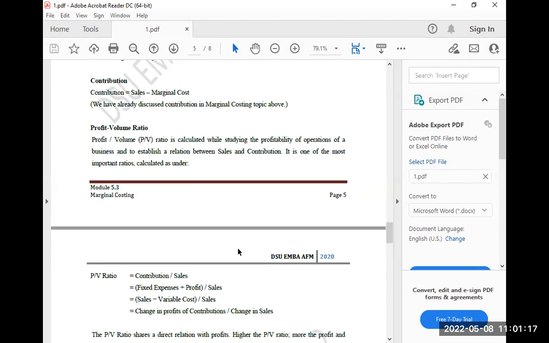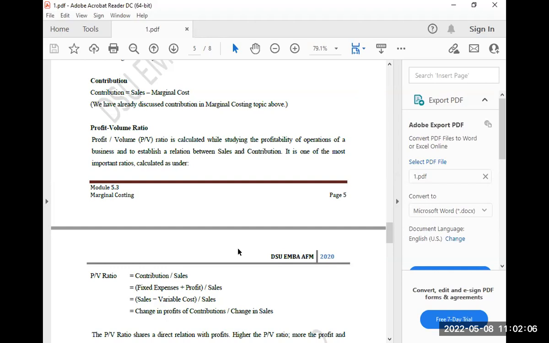Break-even point is equal to fixed cost divided by profit volume ratio. Fixed cost divided by profit volume ratio.